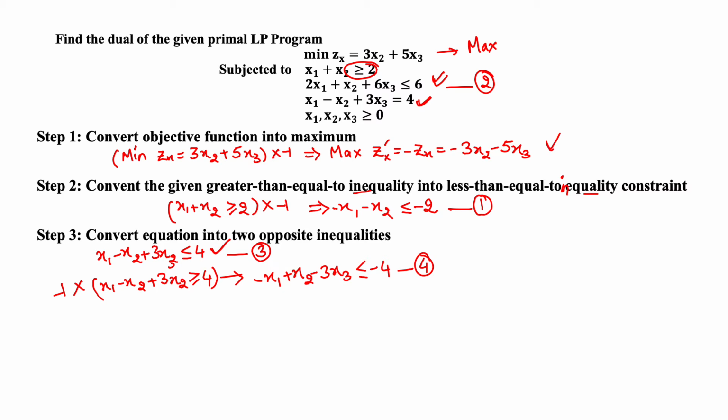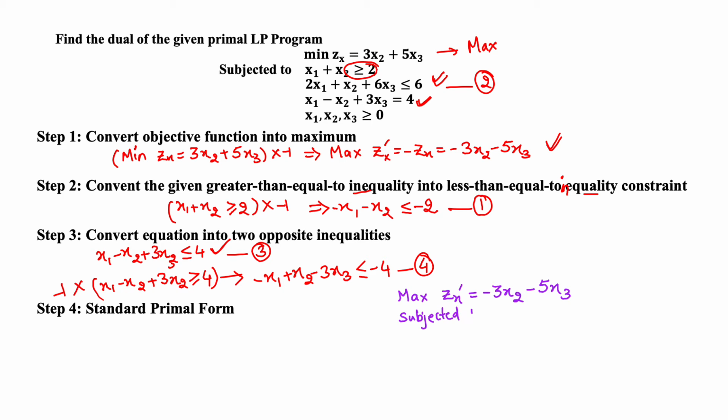My objective function is in maximization form, so we will write it in standard primal form. So what is my standard primal form of LP? My objective function is in maximization, it is z dash, where objective function is having two variables x2 and x3, maximizing subject to the first constraint equation, which I am copying from here, minus x1 minus x2, which is less than equals to -2.